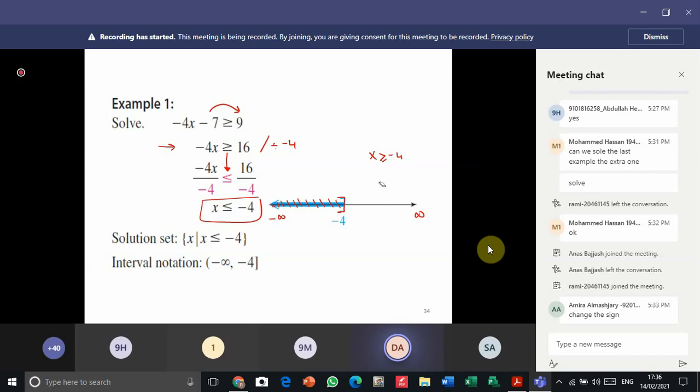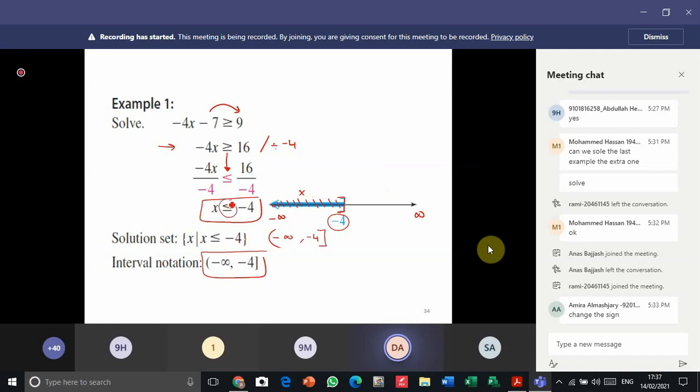But here we need x less than or equal. This is the value of x. So we can put it like this, from negative infinity to negative 4, this side open, this side closed, because we have equality.